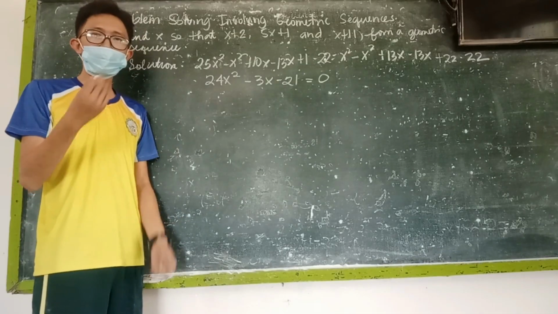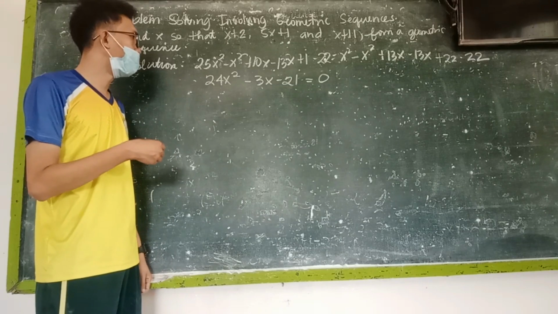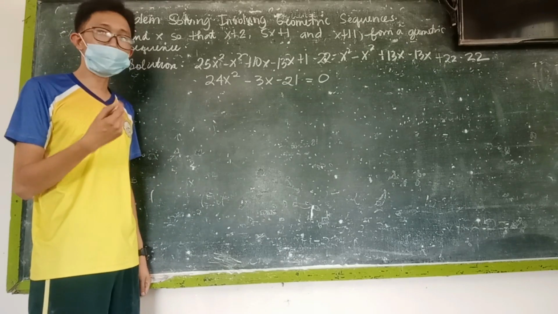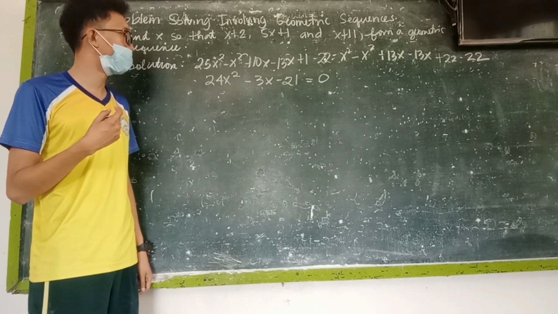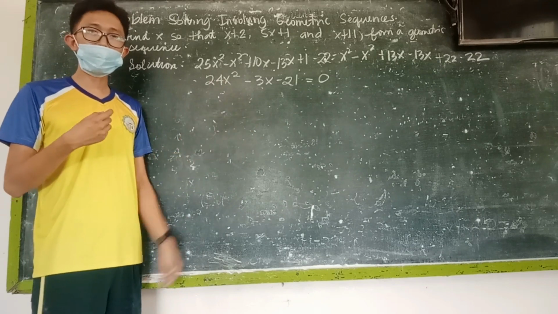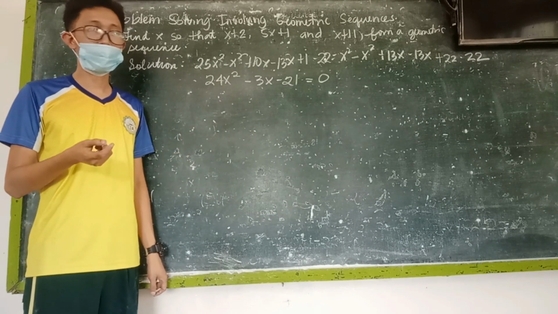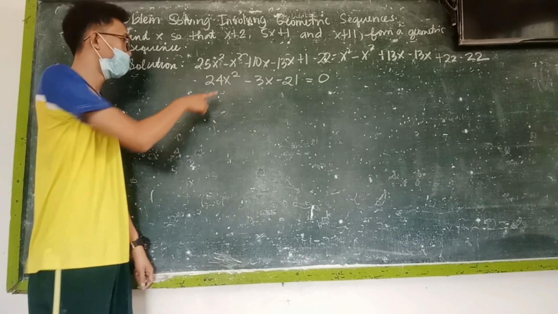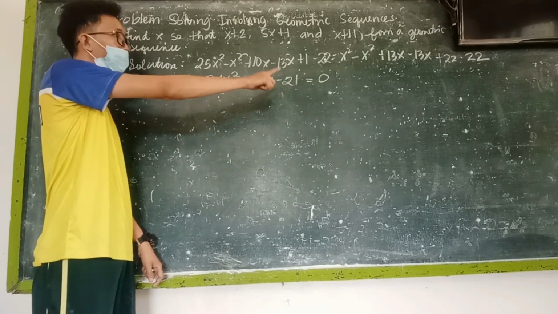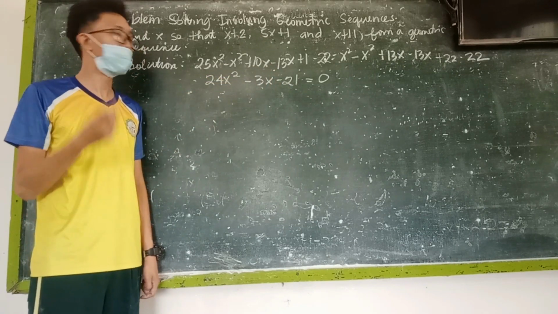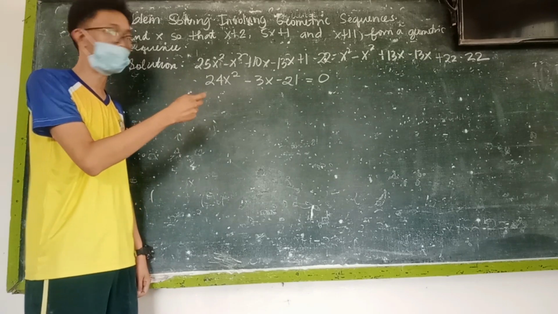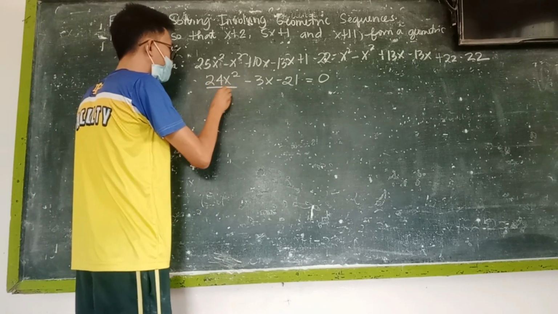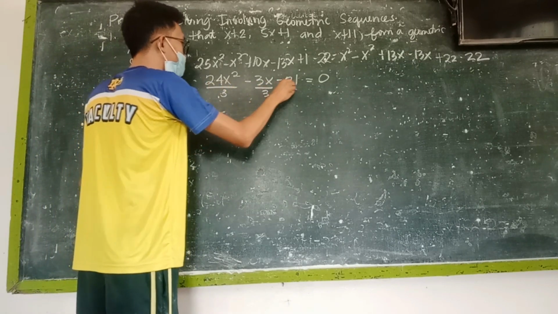So, para mas madali sa atin na makuha ang roots ng 24x squared minus 3x minus 21, isi-simplify natin siya into more lower numbers. Ito, since all of the terms can be divisible by 3, pwede natin i-divide lahat muna by 3 para mas simplify natin.